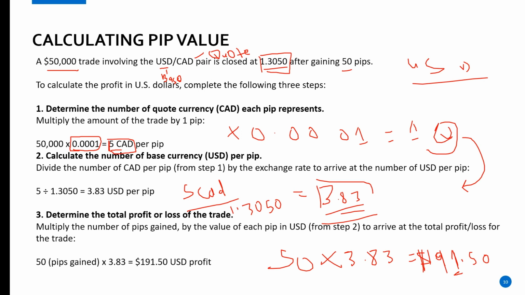I hope you've understood the journey all the way from the meaning of a pip, the fourth decimal rule, the understanding of lot sizes, and now how to calculate pip value. I'll be deep diving into these concepts in my next 2 videos, taking you through how to calculate leverage, margin, and position size. It's very rare in forex that you do full lot sizes in a trade.